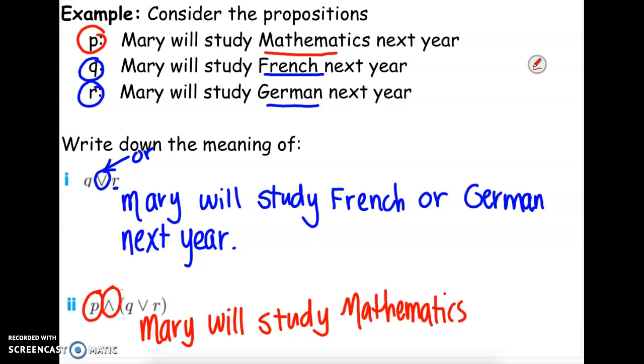That's a conjunction, that's an and. And now we go to our next piece, Q or R. The symbol is a Q or R. So we're going to talk about Mary studying French or she's studying German. So I'm going to extend the page here.